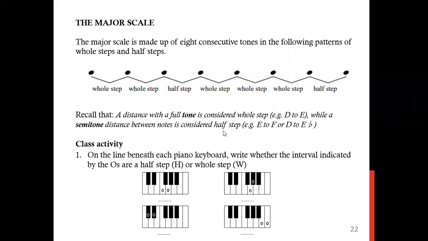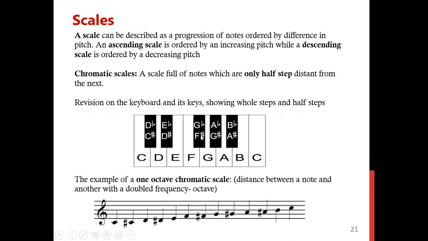Okay, let's go back to the keyboard. That's why this keyboard must always run in our mind, because it will really help us. From F sharp now, the next semitone distance is what, everyone? G. It's G. Because you're moving from F sharp to G. That's the half step.